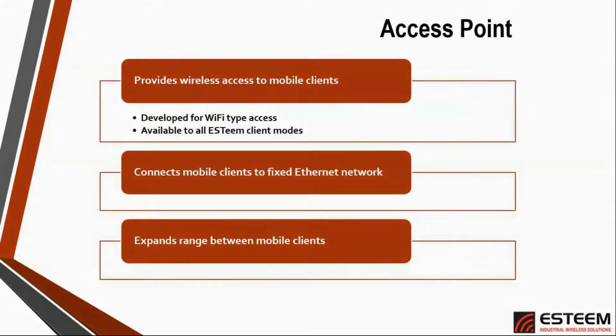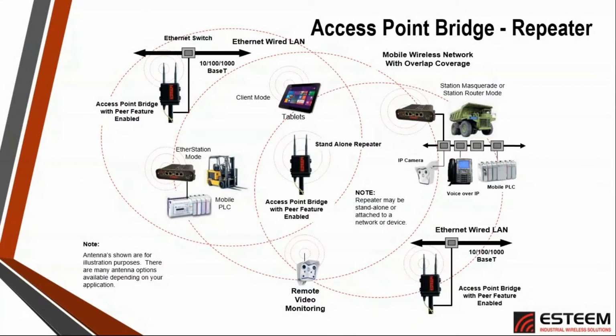Let's go ahead and take a look at a picture of how this works. This will probably make a lot more sense once we see it here. The first thing we need to understand is there are three radios within this diagram that are going to be in the access point mode. That's our fixed point here, our fixed point as a repeater, and then finally our remote site within this network.